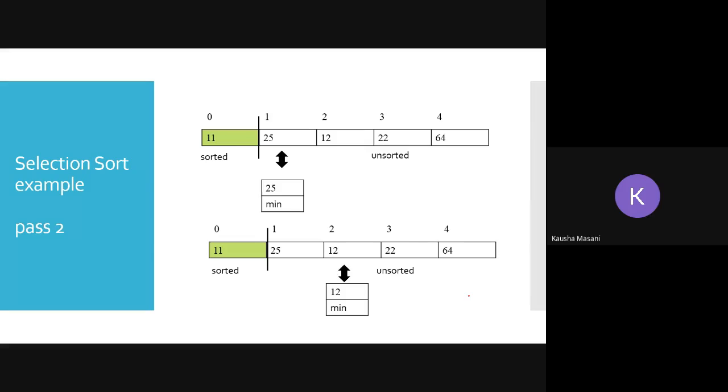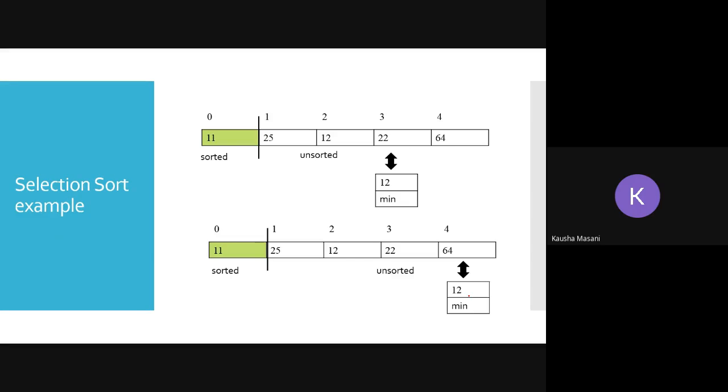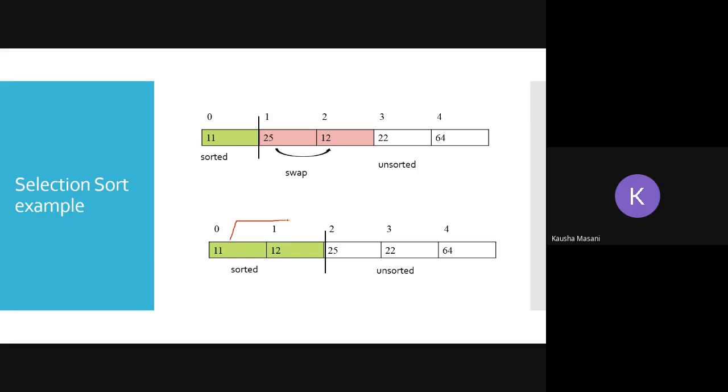Go and find the minimum. So 25, 12, 22, 64. We find that 12 is the minimum, right? So whom are we going to swap? 12 and 25. When swapped, 11 and 12 become part of the sorted array, and the rest of them are the unsorted array in your pass 2.